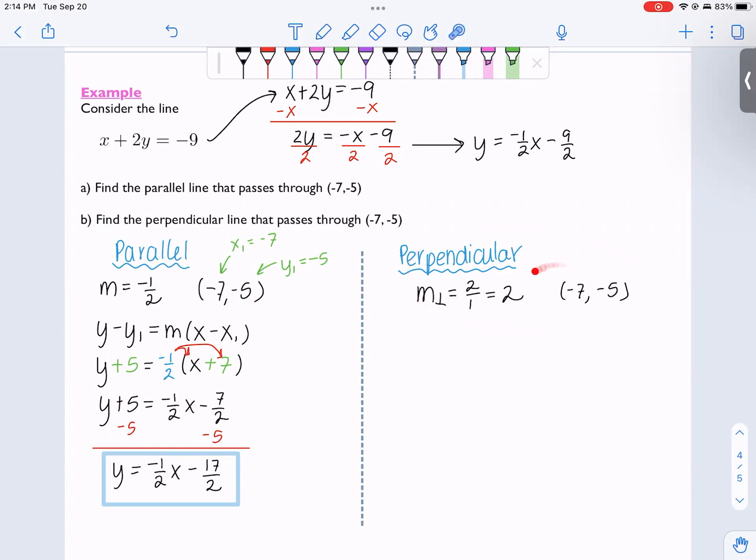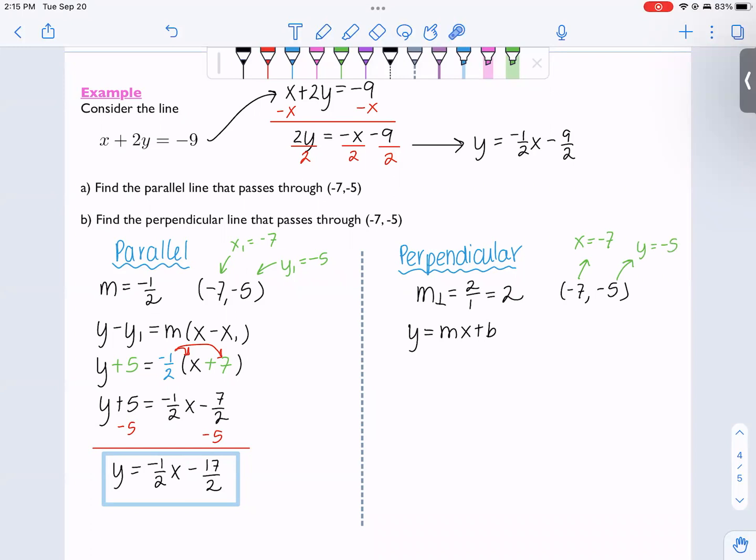Let's try the perpendicular line. Again, we have the slope, we have the point. I'm going to try it the other way, which is using y equals mx plus b. We have our m right here. And then we have x, which is -7, y, which is -5.